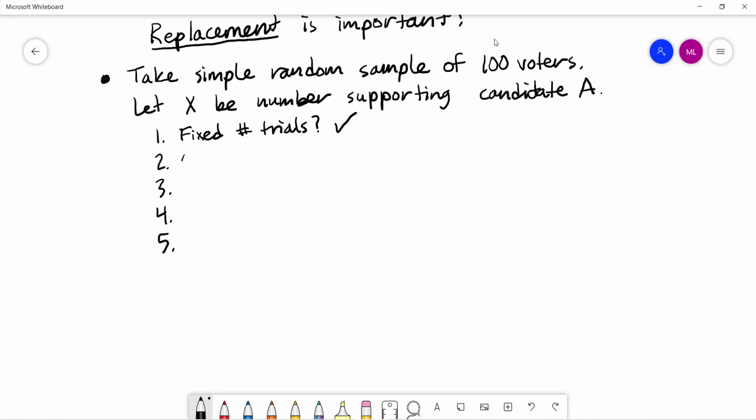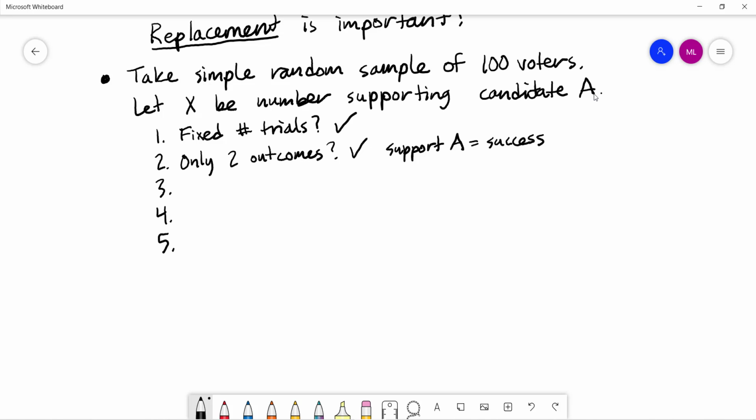Number 2, are there only 2 outcomes? And again, the answer is yes. They either support candidate A or they don't. So support A equals success. It doesn't even have to be that only 2 candidates are running, right? It's not that you have to support candidate A or B. There could be A, B, C, D, and so on. But the question isn't which candidate do you support. The question is a yes or no question.